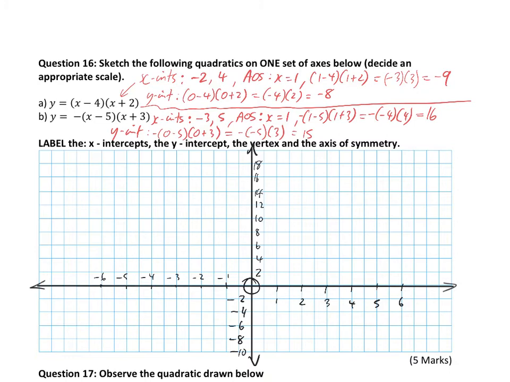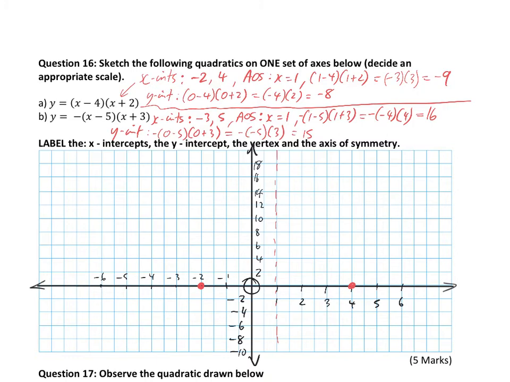scale, all done. So x-intercepts are negative 2 and 4. The axis of symmetry is that x is equal to 1. The vertex is going to be at negative 9.